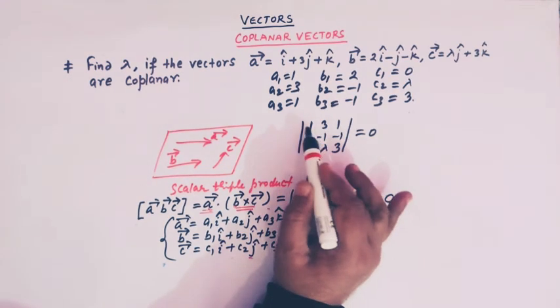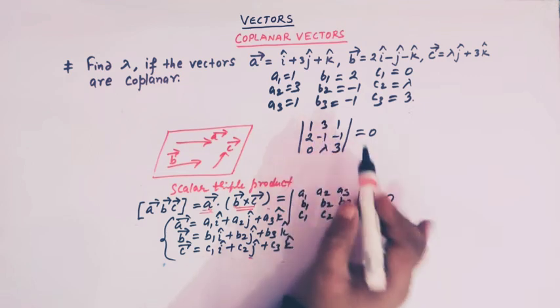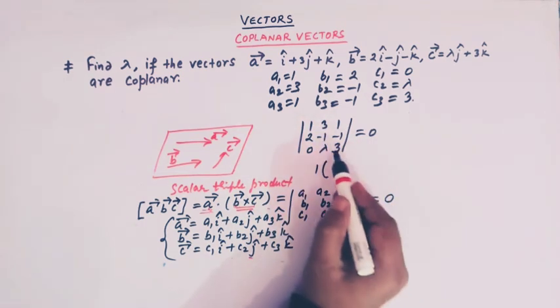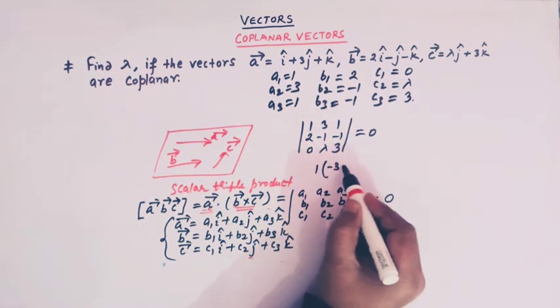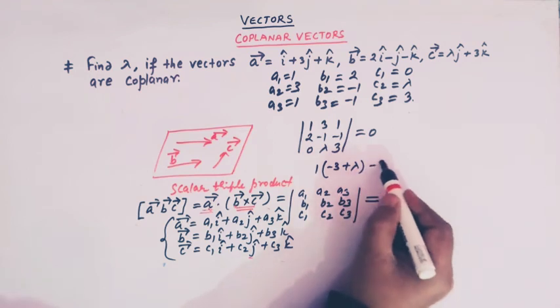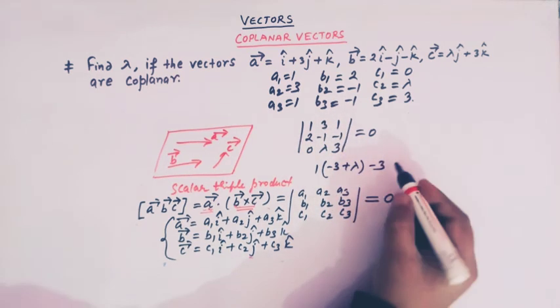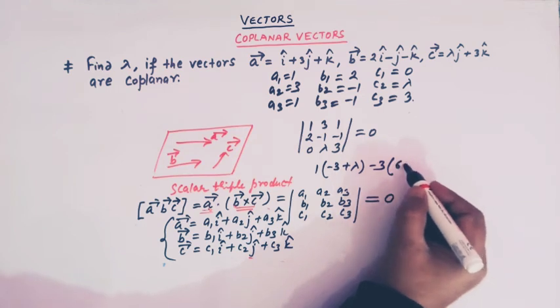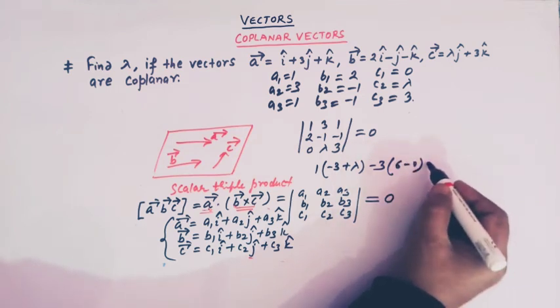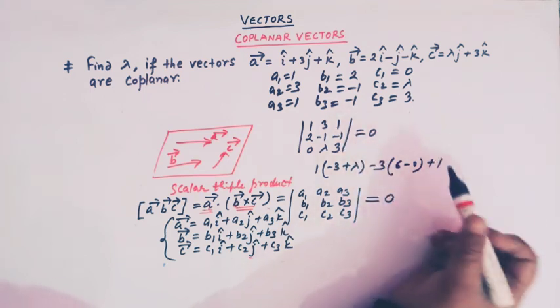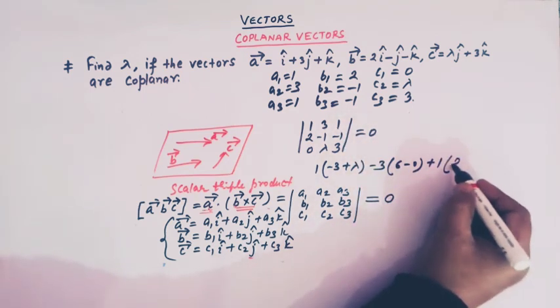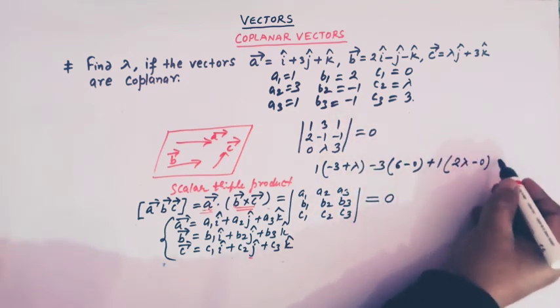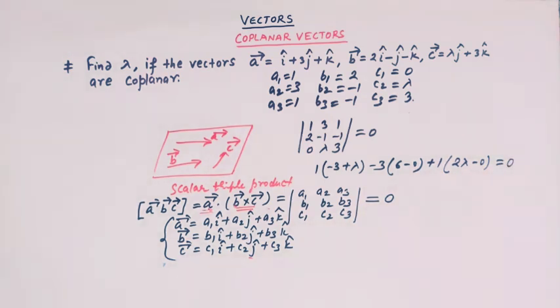Now expanding it from the first row, we have 1 times (-3 plus lambda), then minus 3 times (6 minus 0), and then plus 1 times (2 lambda minus 0), that is equal to 0, right?